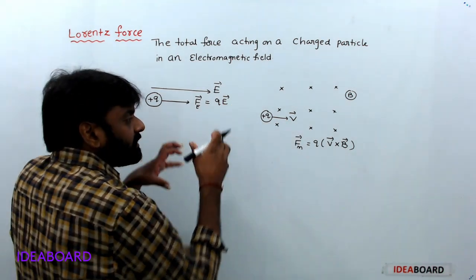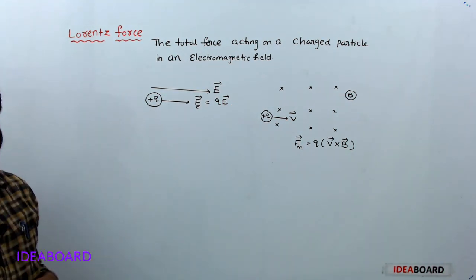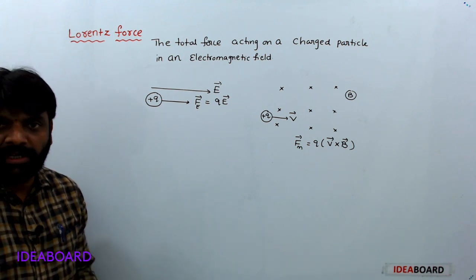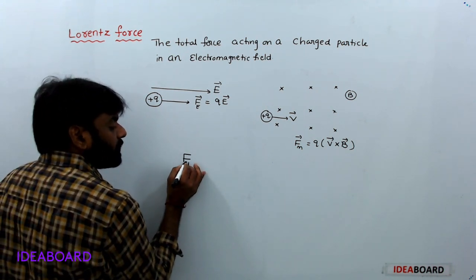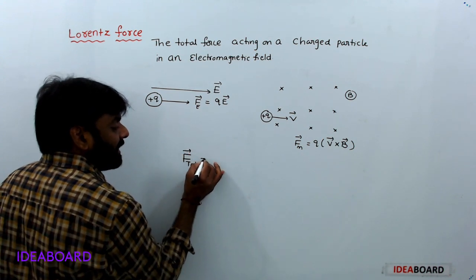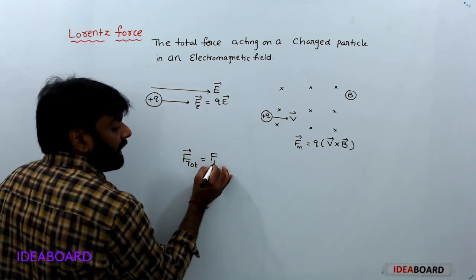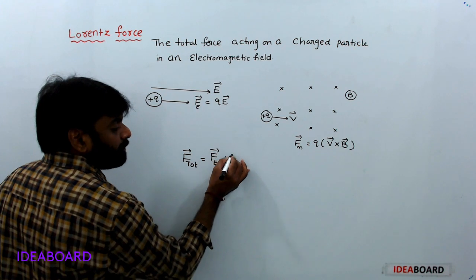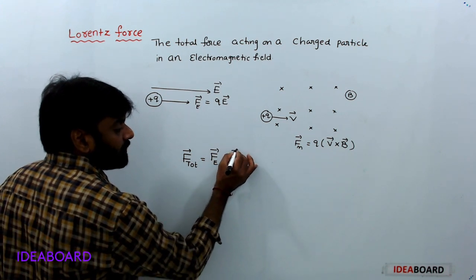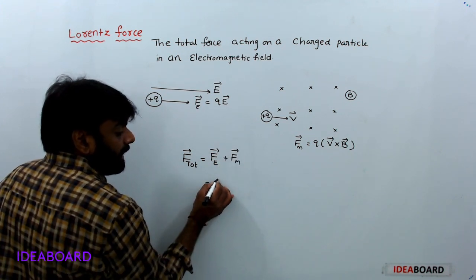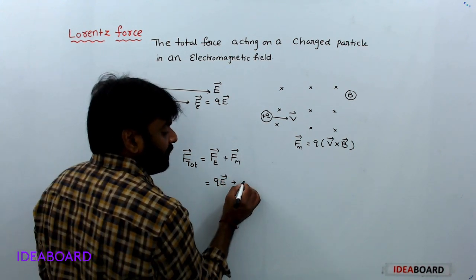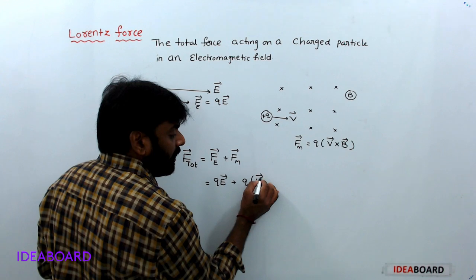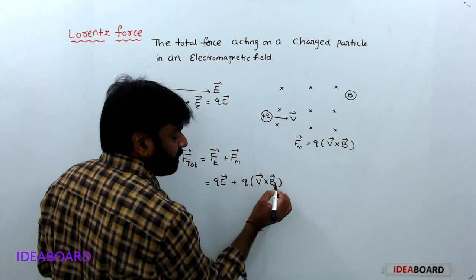Now if both fields are applied at a time, total force is equal to electric force plus magnetic force. Electric force is Q E bar, magnetic force is Q into v bar cross B bar.